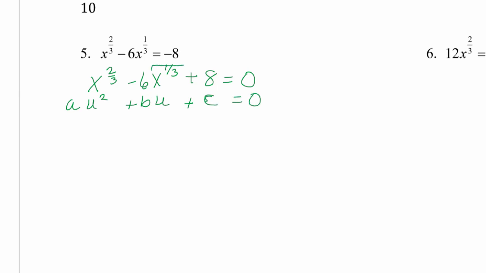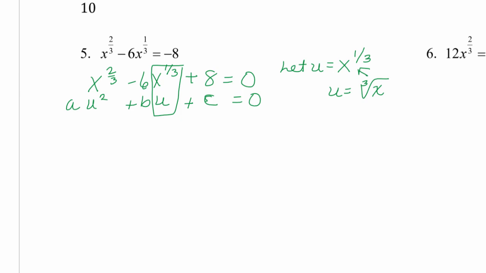Which means that our new variable u is going to represent the x to the 1/3. And just a reminder that a rational exponent of 1/3 means cube root. So this is another representation of just the cube root of x, right? So u equals the cube root of x.